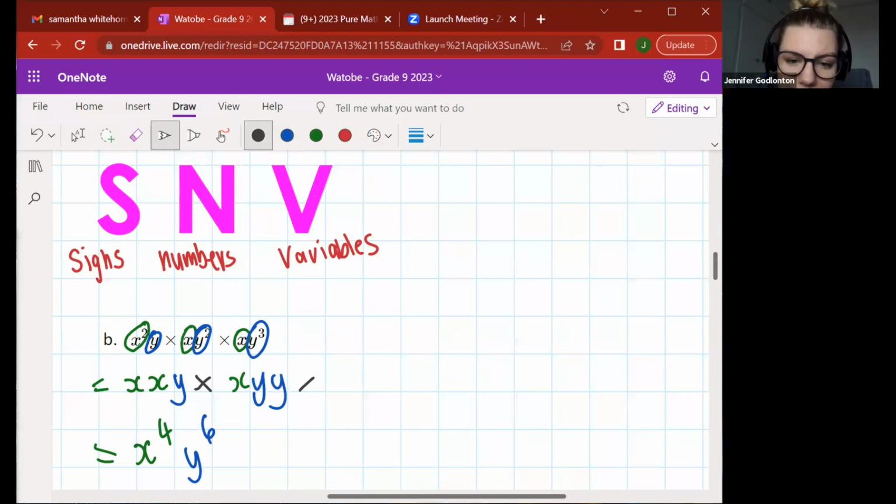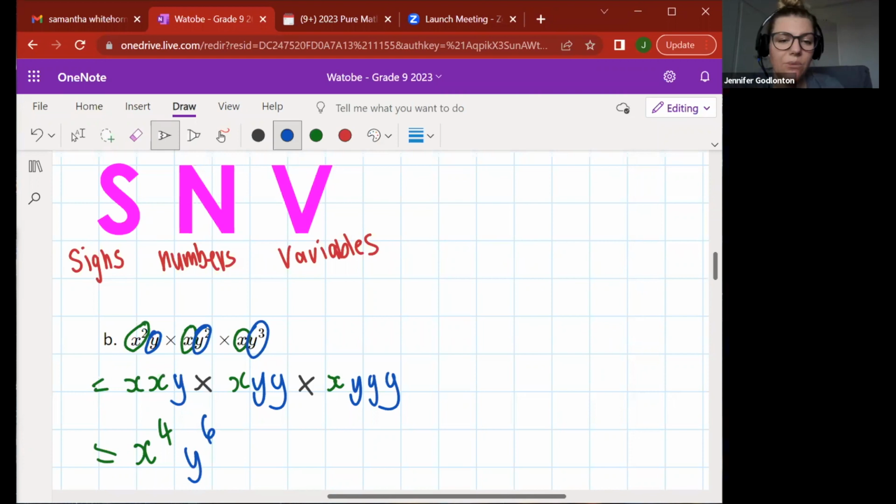And then we are timesing that by 1x and 3 y's. And if you write it out like that, then it's very easy to see how many x's there are and how many y's there are, because you can see exactly the number. So whenever you are in doubt, write it out. It's never a bad thing to have to do that. Just make sure that you know what's going on.